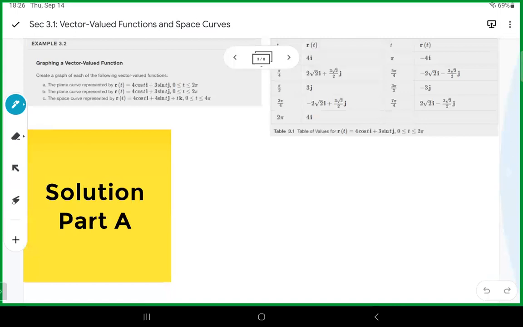Okay. So the next example is talking about graphing a vector valued function. I do believe these go on to the next slides. It says for part A here, the plane curve represented by r of t is 4 cosine t i plus 3 sine t j, and t has to fall between 0 and 2 pi.